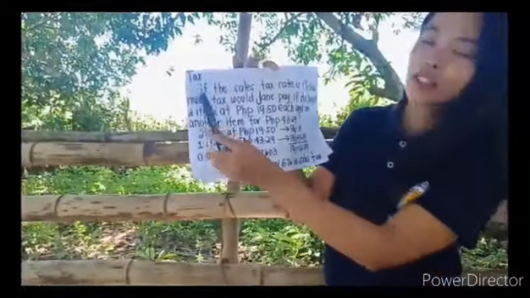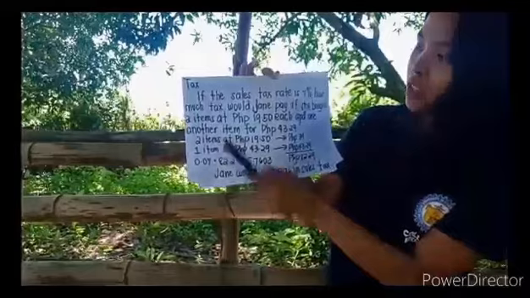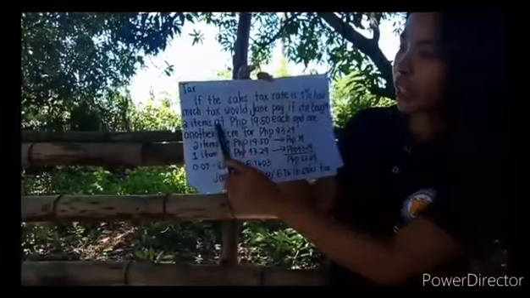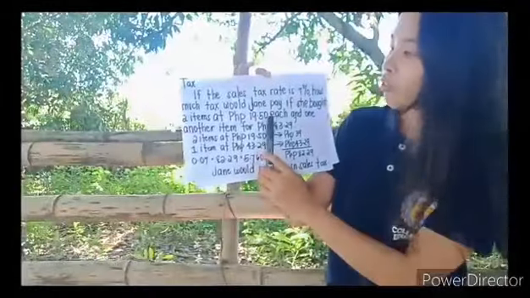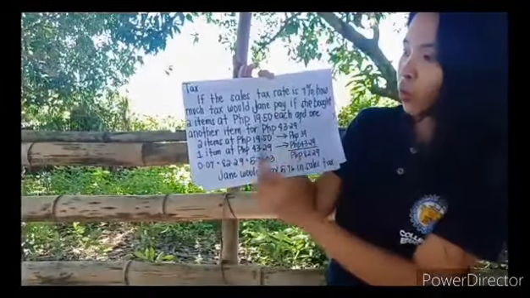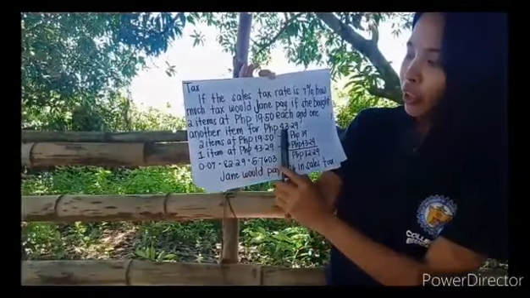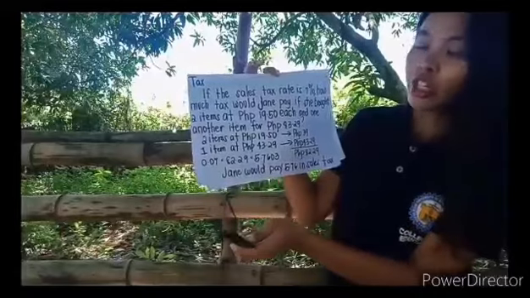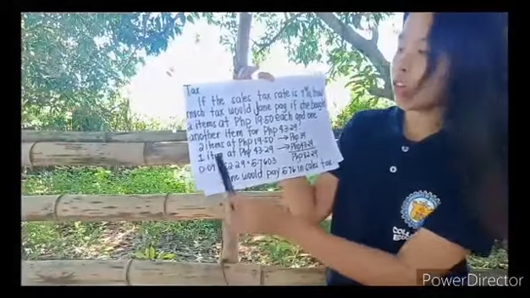Next, tax. If the sales tax rate is 7%, how much tax would Jane pay if she bought two items at 19.50 pesos each and one another item for 43.29 pesos? First, we need to get the total cost.